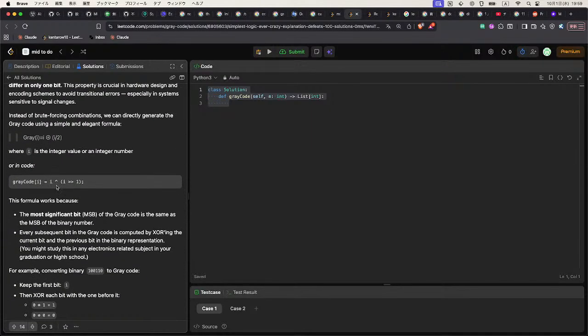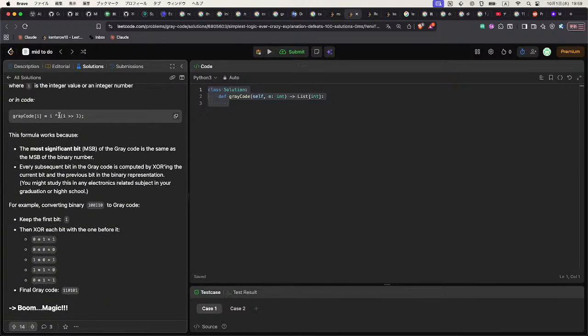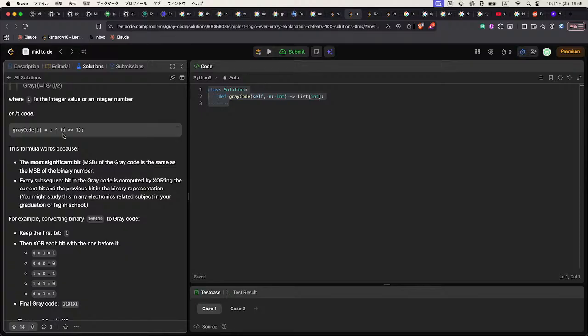The gray code is i exclusive OR the number i that is right shifted.